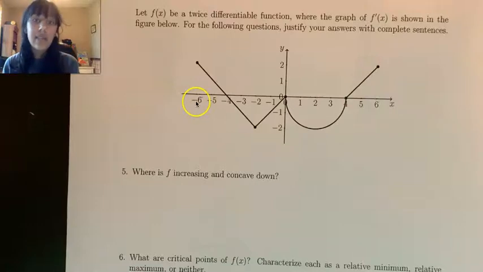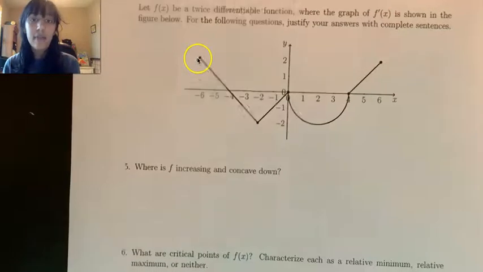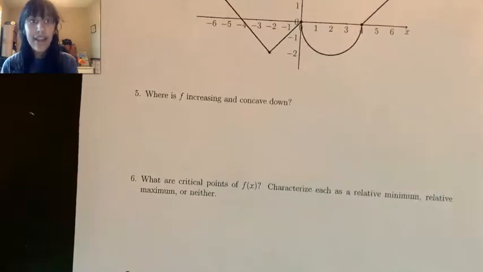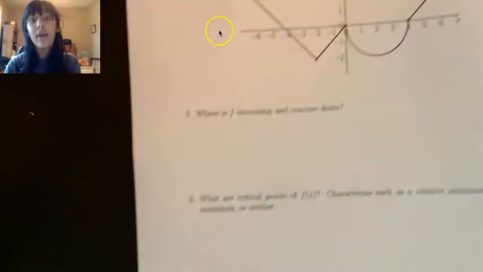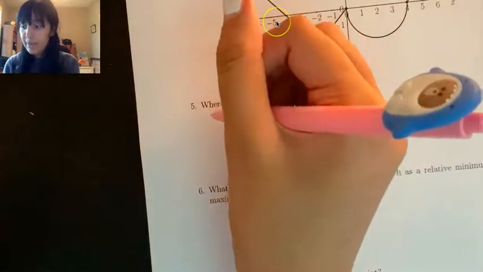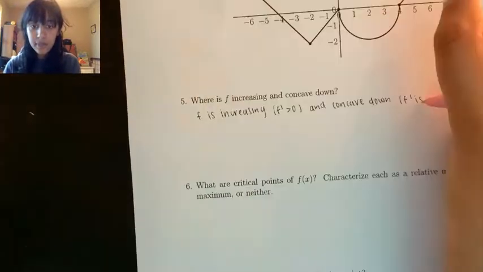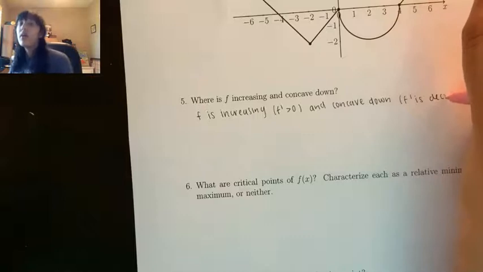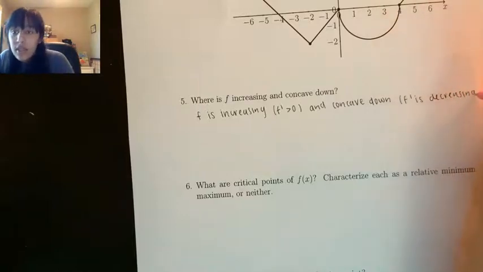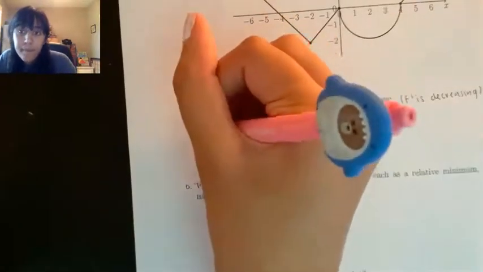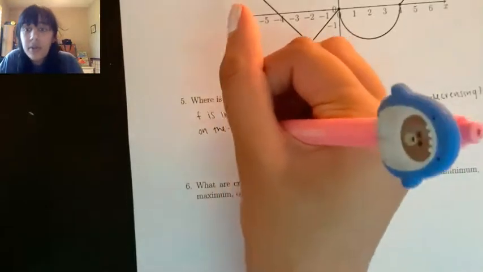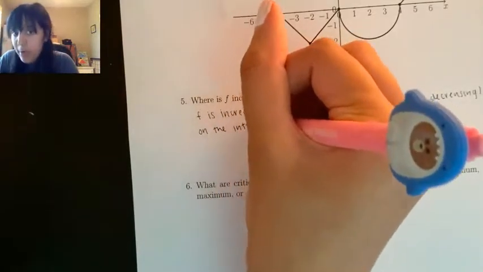So our answer is -6 to -4 because f prime is greater than 0, and f prime is also decreasing. So we'll just write our answer. F prime is decreasing there, and f prime is also greater than 0.